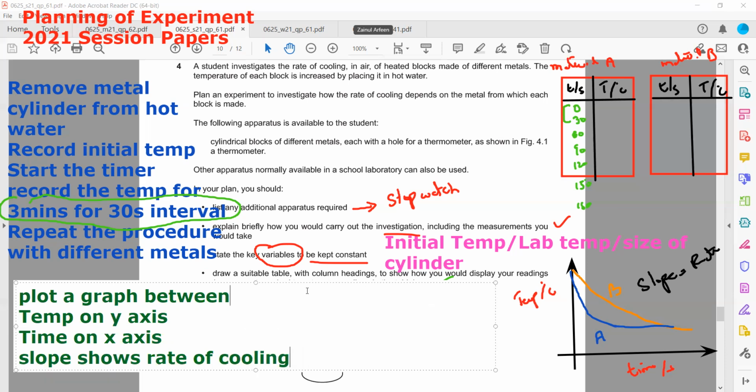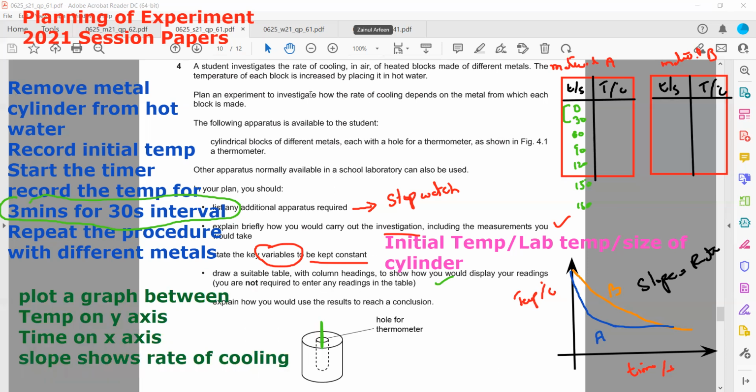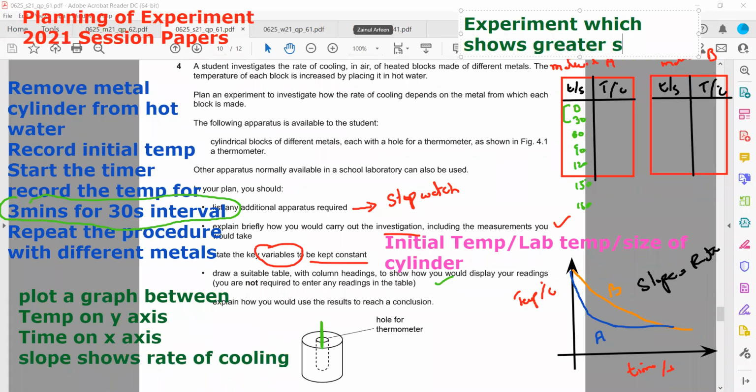So the experiment which shows a steeper slope or a greater slope is having a faster rate of cooling.